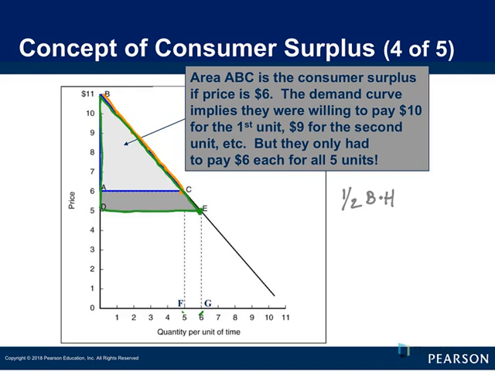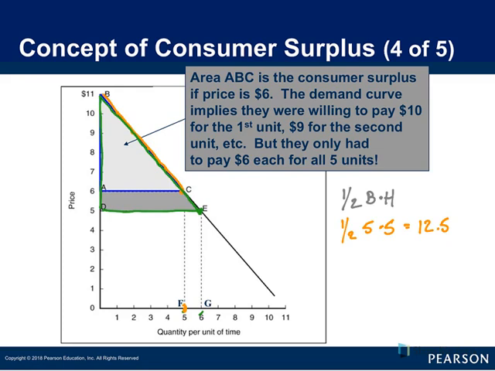In this case, on the orange triangle, it is 1/2 of the base of 5 times the height of 5, or 1/2 of 25, which is also equal to 12.5.